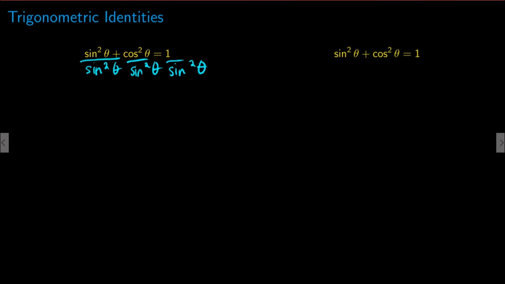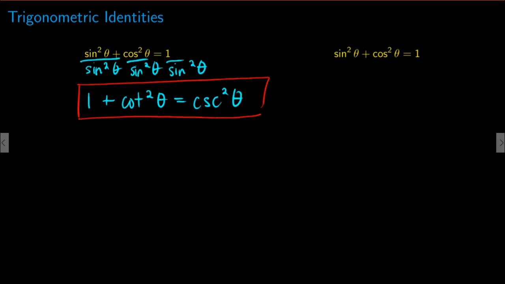And that leaves me with sine squared over sine squared is just 1, plus cosine squared over sine squared. That's the reciprocal of tangent squared of theta, which is cotangent squared of theta. And then 1 over sine squared of theta, the reciprocal of sine squared of theta is cosecant squared of theta. So this is our second Pythagorean identity.